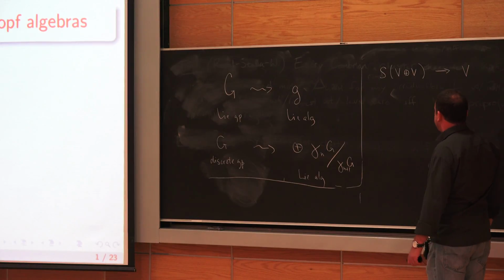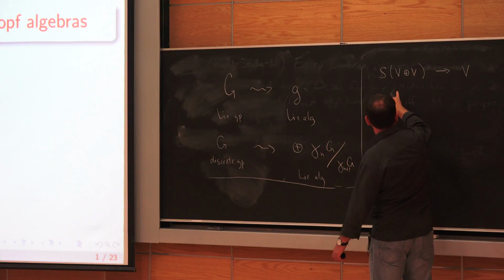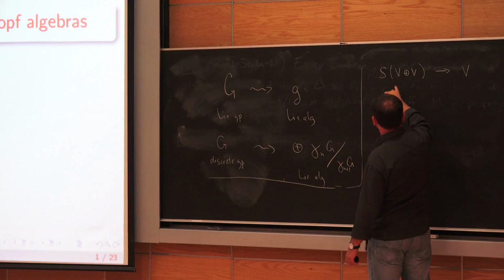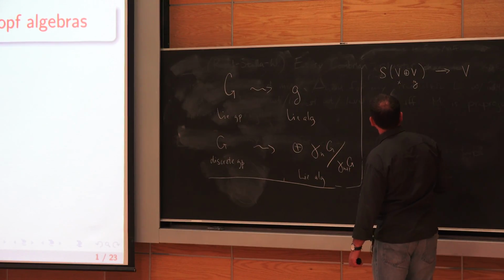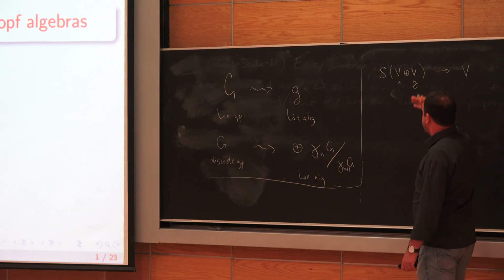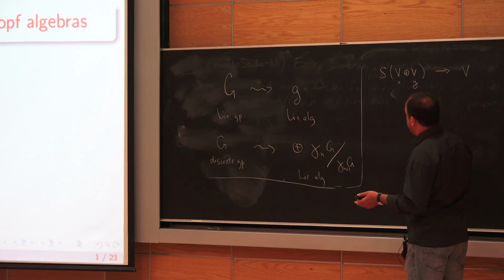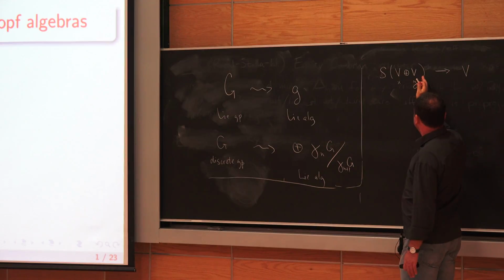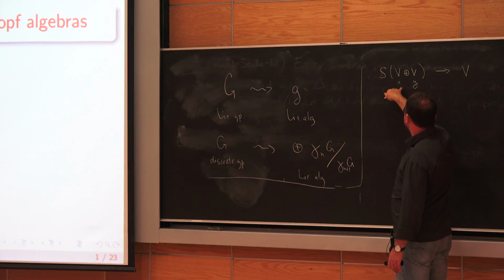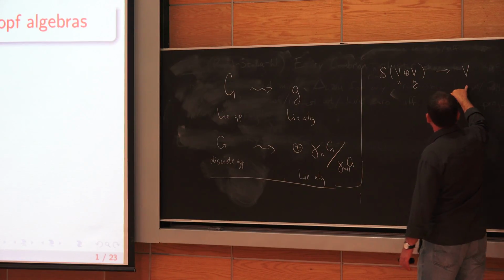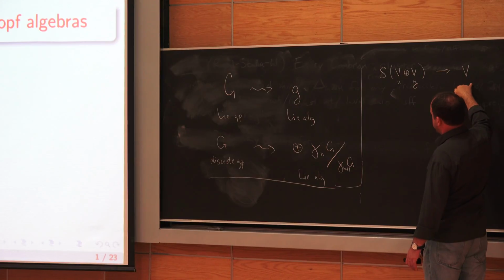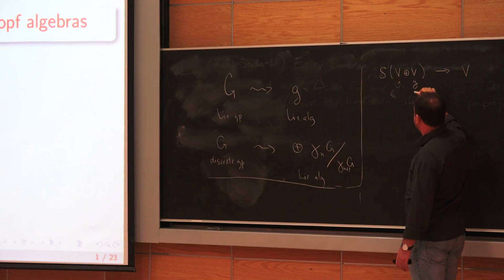This can be deciphered in the following way. You have a coordinate x here, a coordinate y here, and the elements of the symmetric algebra are polynomials. So this thing is spanned by the monomials, and to each monomial you can associate its coefficients in the same vector space.